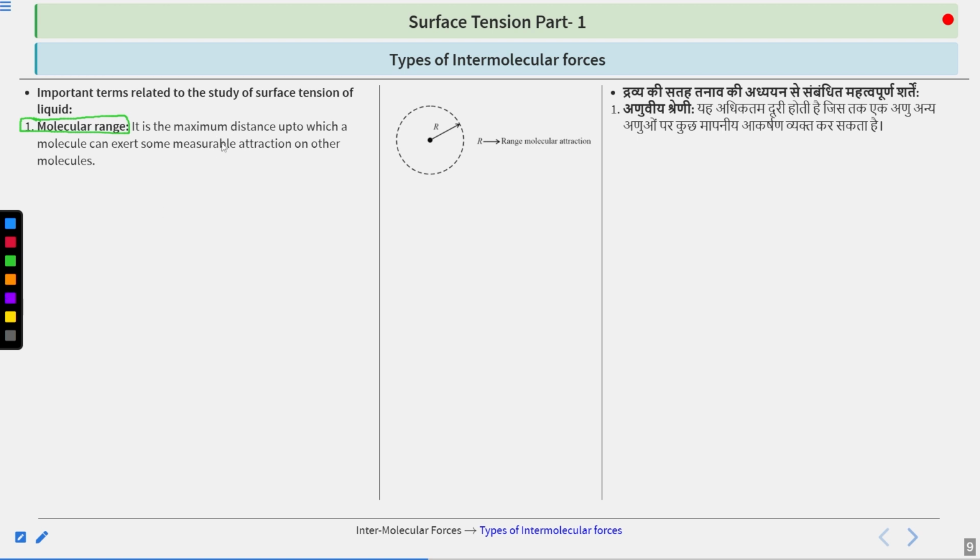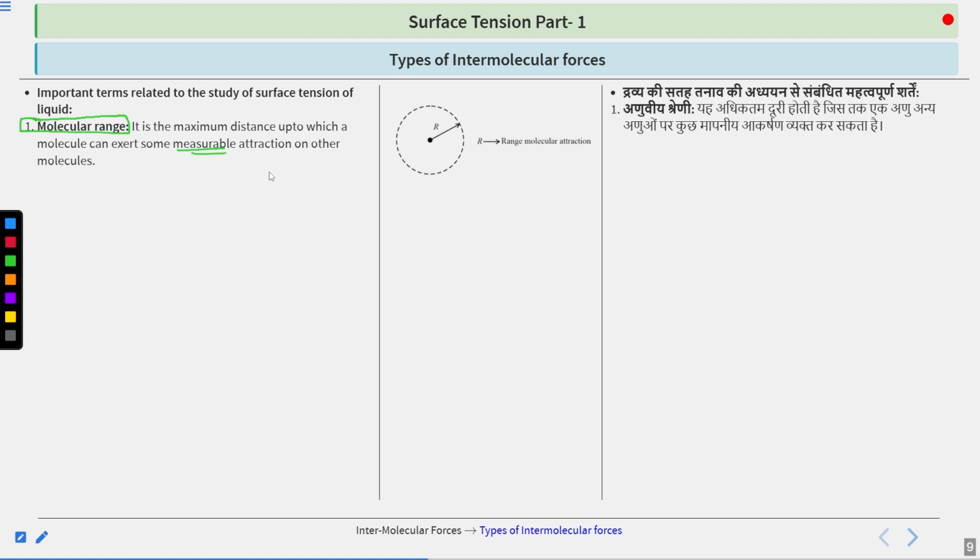So suppose there is a picture. Here is one molecule and suppose there are other molecules. Now you can see a particular region, the radius of that particular circle if we draw it. Up to this distance only, this molecule could have an attraction on the other molecules that is measurable.